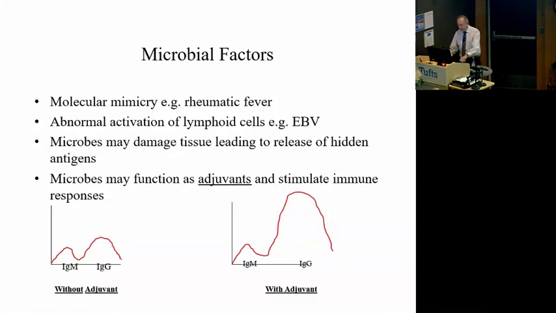And then finally, as far as this is concerned, microbes may function as adjuvants and stimulate immune responses. Guys, an adjuvant is something that increases an immune response. I'm showing you in the first picture a kid who gets a measles vaccine. You know, he makes a little IgM and a little IgG.